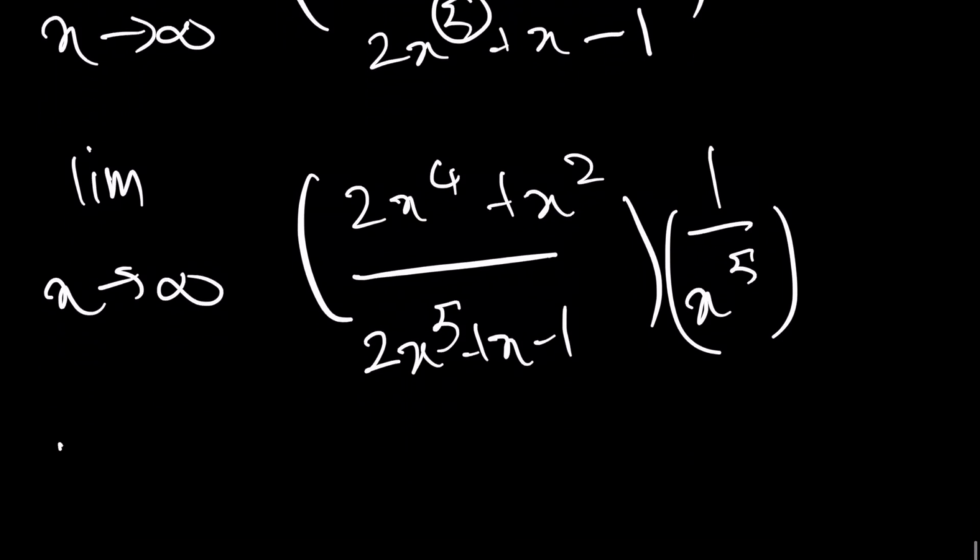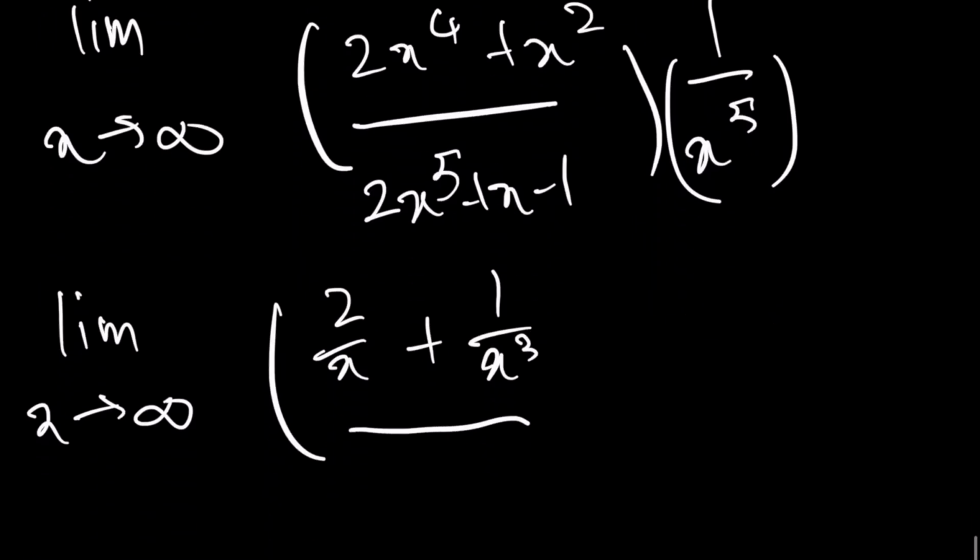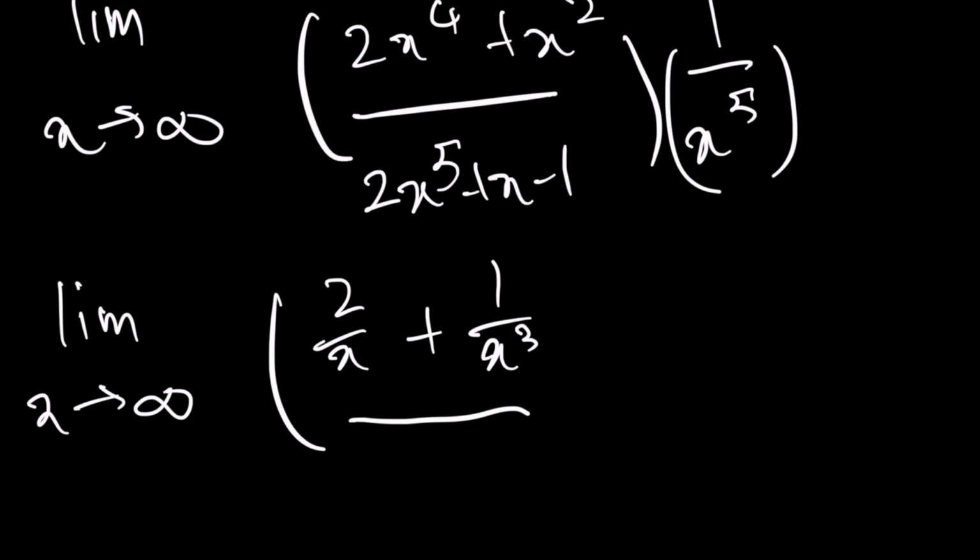So that'll make this equal to 2 over x plus 1 over x cubed. And that will make this 2 plus 1 over x to the power 4 minus 1 over x^5.